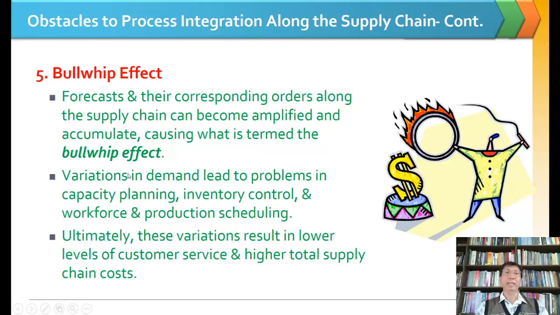The bullwhip effect is a variation in demand that leads to problems in capacity planning, inventory control, and workforce and production schedules. Ultimately, this variation results in a lower level of customer service and higher total supply chain costs.